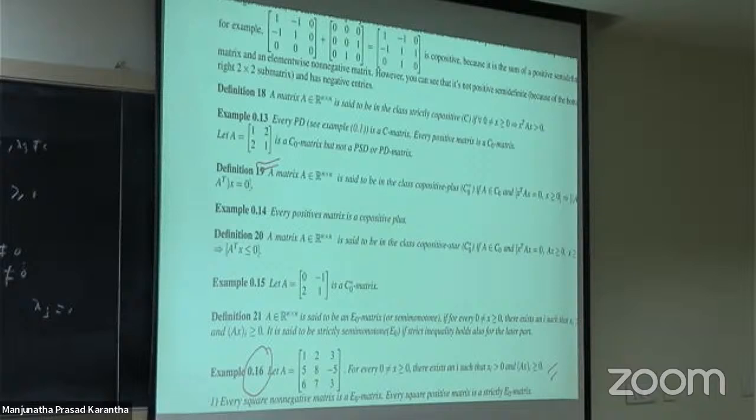So you have to check from first principles, with X1, X2, X3 and so on. It is very easy to see: you can partition this matrix, and one can easily prove that it is an inverse M matrix.